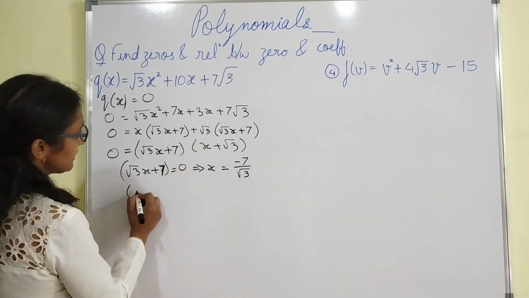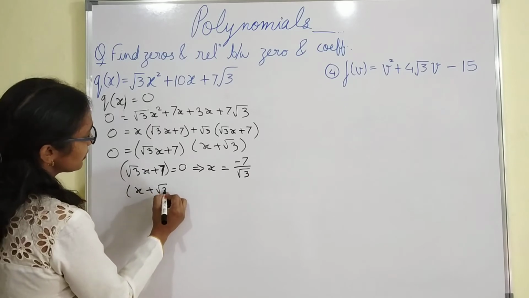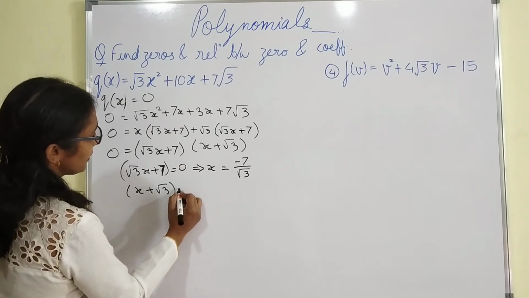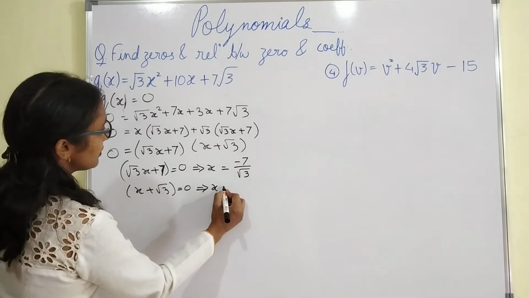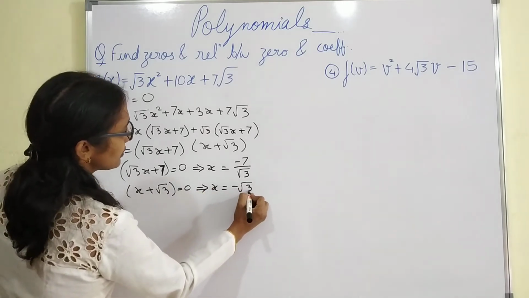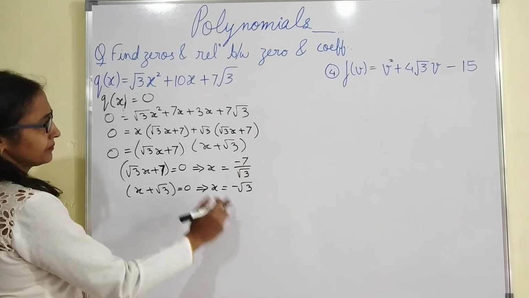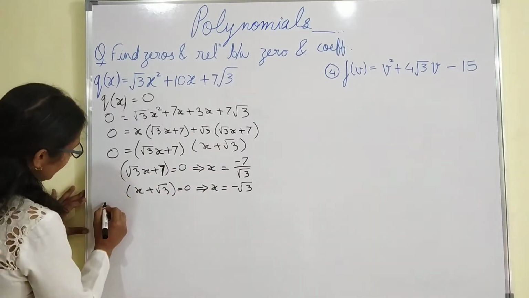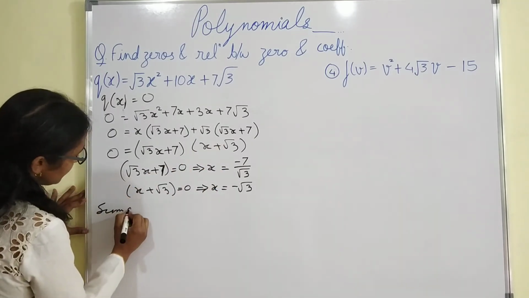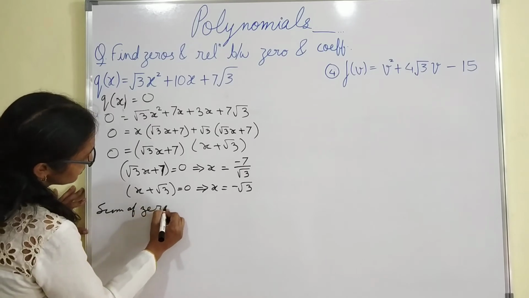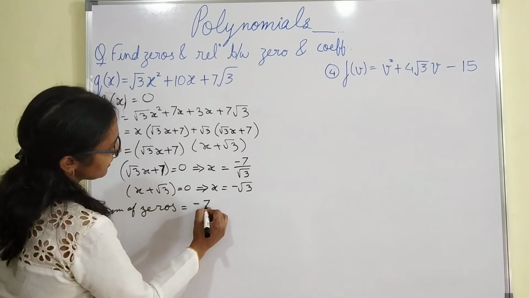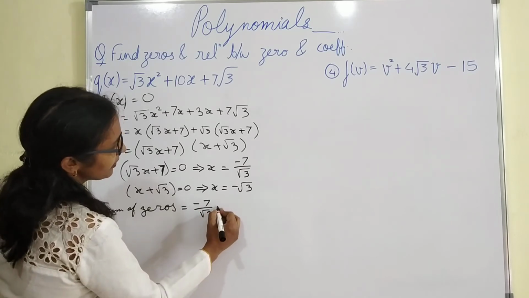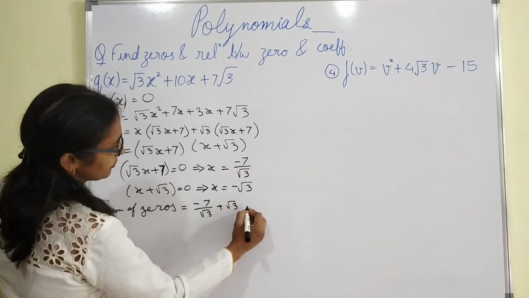And the next is x plus root 3 equals 0. So here another zero is minus root 3. Okay. Now sum of the zeros. Sum of zeros is minus 7 upon root 3 plus minus root 3.